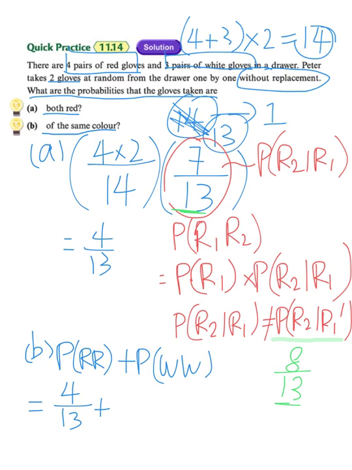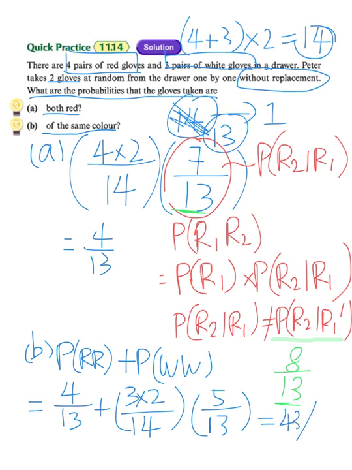It becomes 3 times 2 over 14, multiplied by 6 minus 1, which is 5, over 13. And then the answer will become 43 over 91. Okay, so that's the answer for part B.